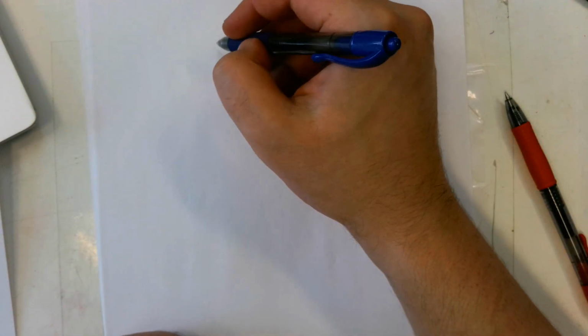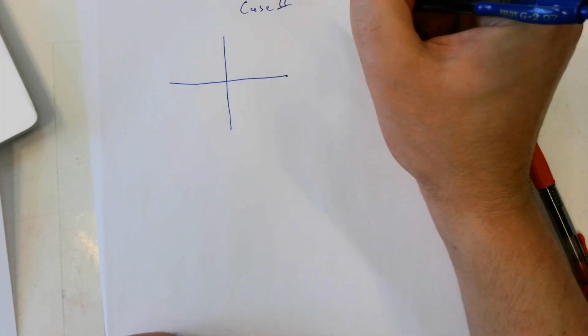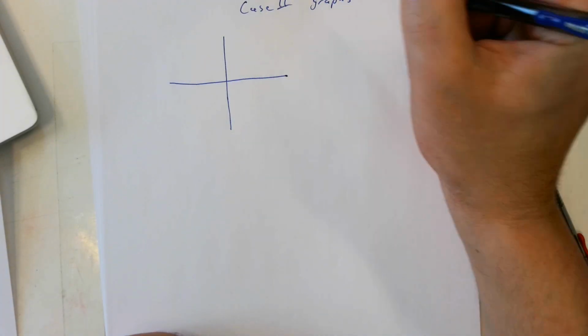I really want to focus on cases 1 and 2. And let's just talk about relating graphs, let's talk about graphs a little bit more, and especially with case 2. So case 2, graphs.